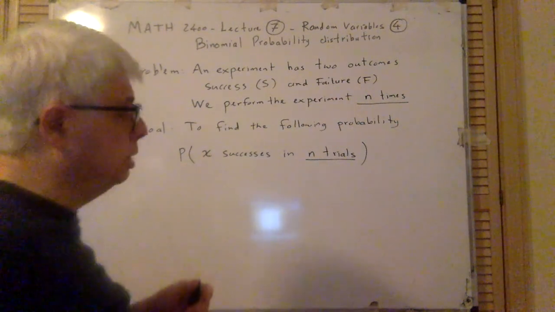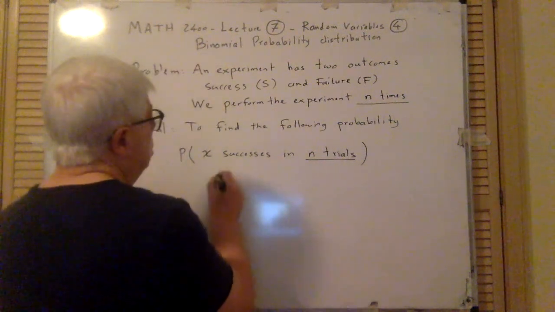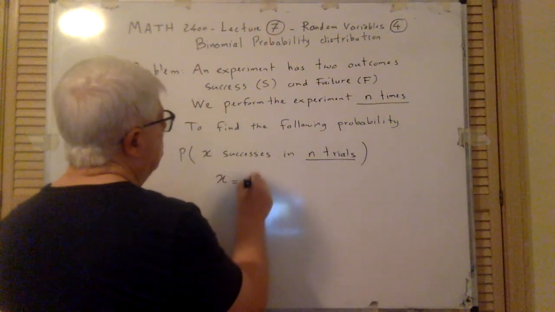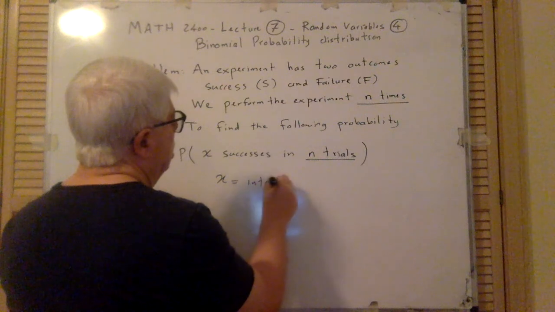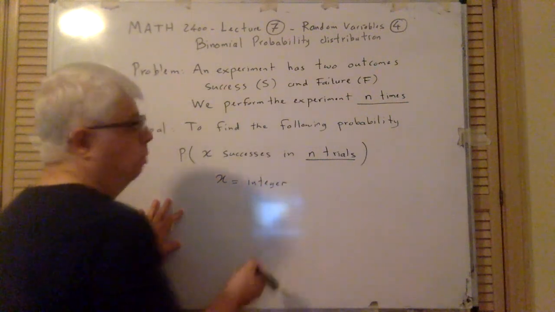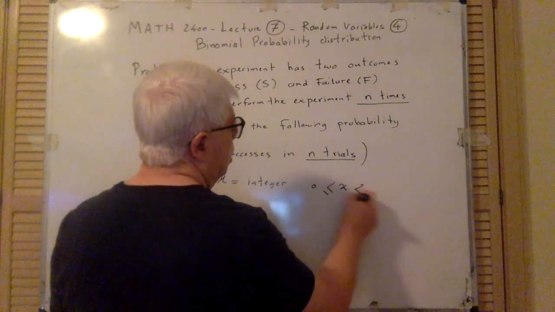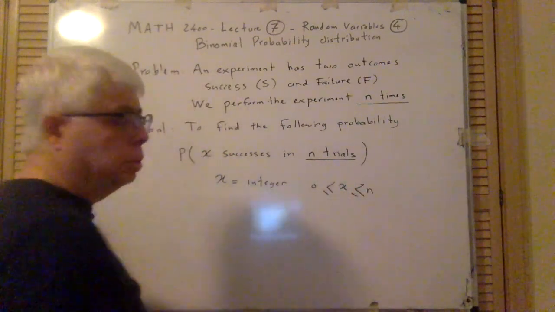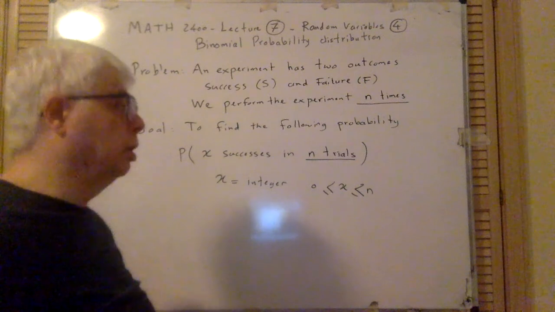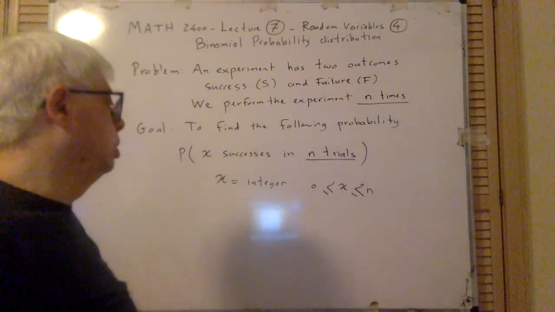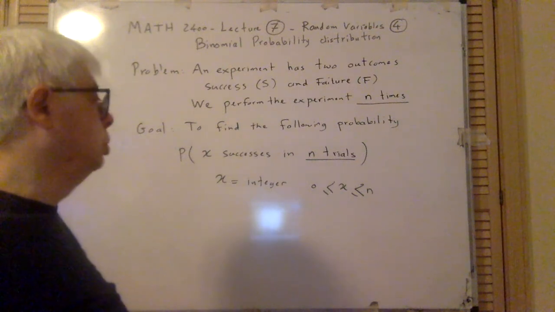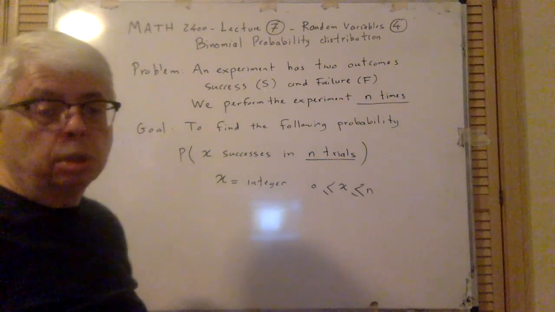And in this situation, X is just an integer, ranging from 0 to n. 0 successes means you fail all the time, and n successes means you had n successes.